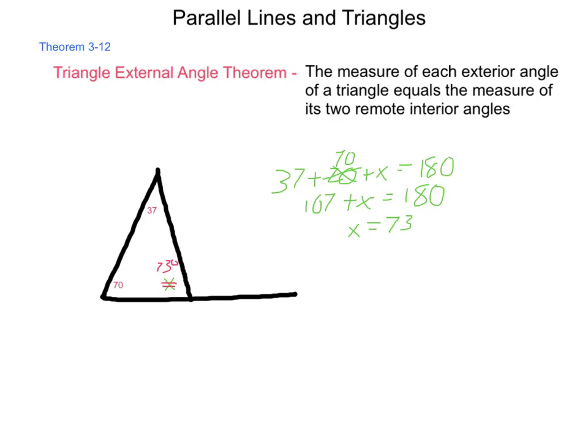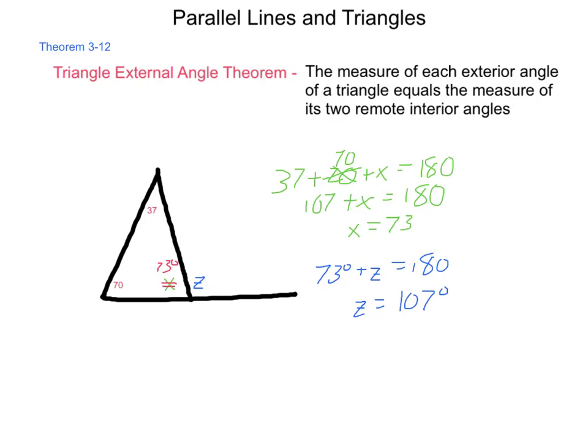Now if we were to call this exterior angle z, we know that angle x and angle z form a linear pair, so that means that 73 degrees plus z is equal to 180. Now subtracting the 73 from each side gives us z equals 107 degrees.